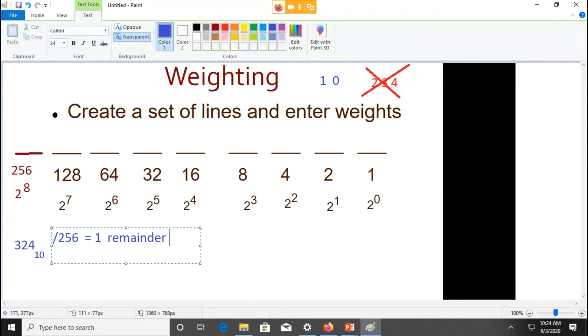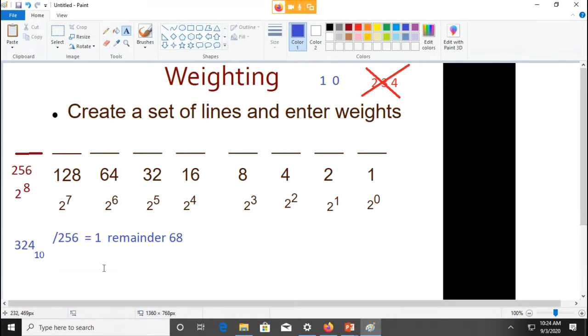So what's my remainder? I'm going to cheat here. 324 minus 256 is 68. So I have a remainder of 68.